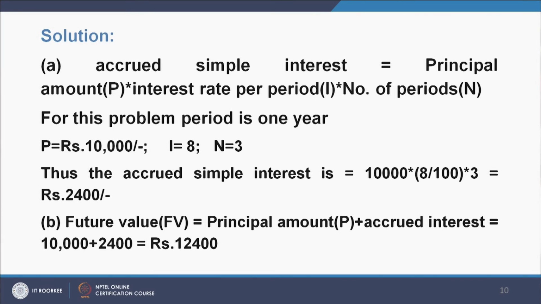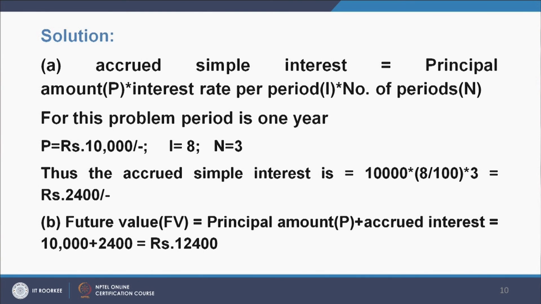The solution: accrued simple interest is equal to principal amount into interest per period into number of periods. For this problem, the period is 3 years. So, P = rupees 10,000, I = 8% and N = 3.